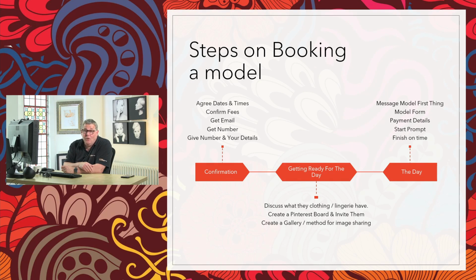I cannot just look at things from the photographer booking the model point of view, but I've also got to say that you've agreed times and you've agreed all these things with these phenomenal people. You need to really make sure that you are delivering.